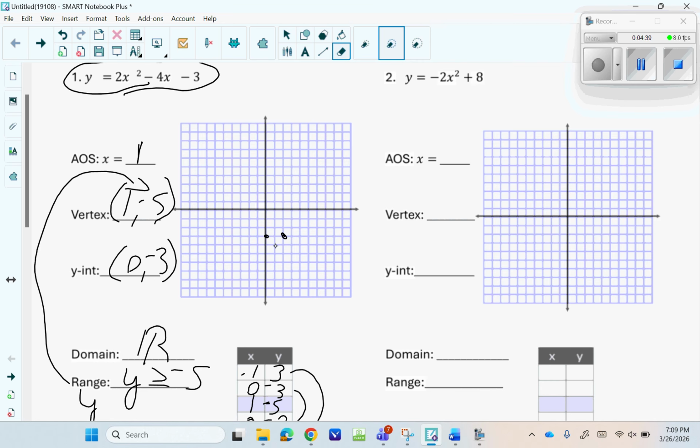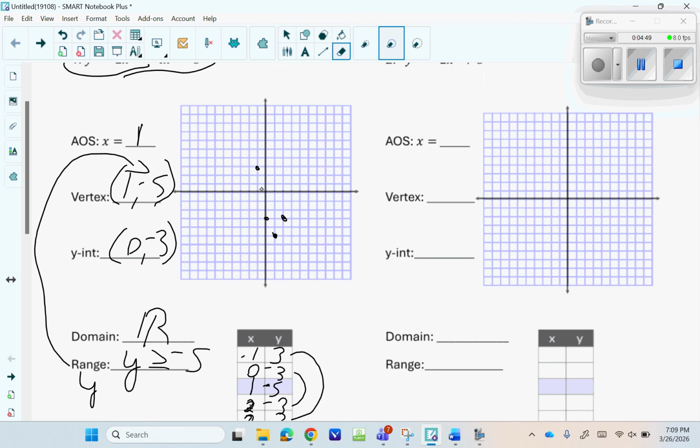Let's plot that. And then we have -1, 3, and we also have 3, 3. So the parabola kind of goes down like this. Sorry, not doing a good job of drawing on that, but you get the idea.